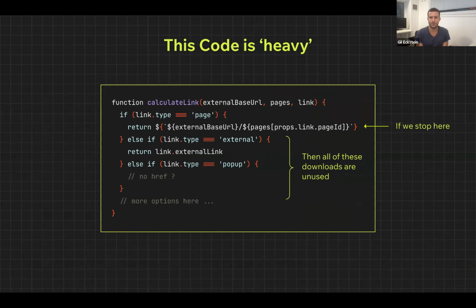This unused code is, like we said, downloaded and needs to also be parsed, but not run. And the thing is that the user can only choose one option, so in most sites, most of the code of this function is unused.